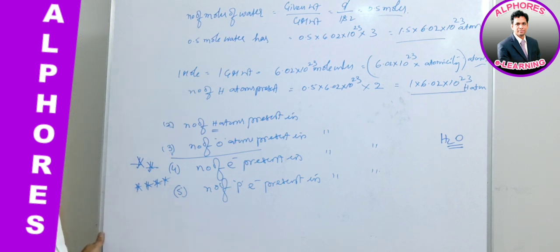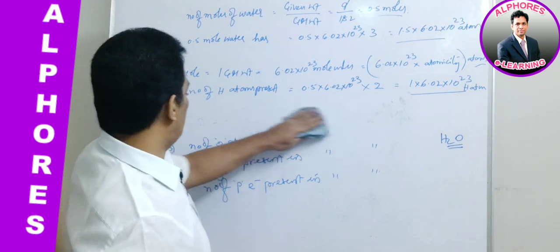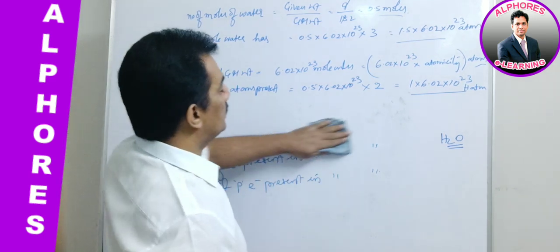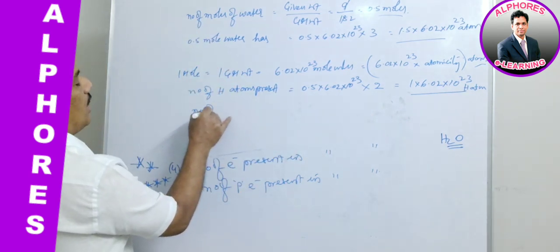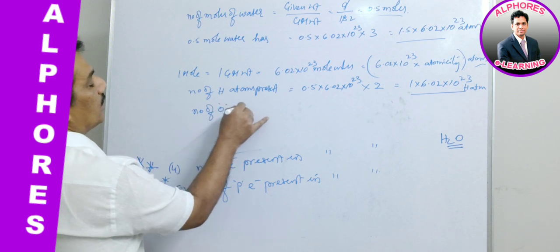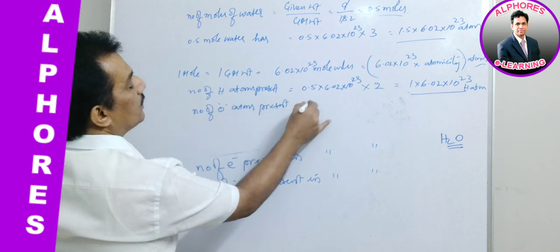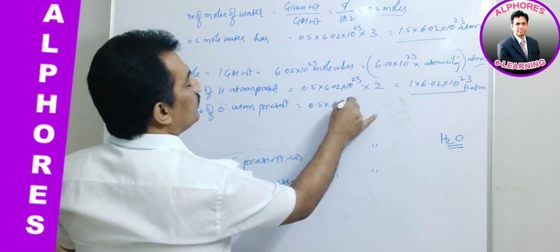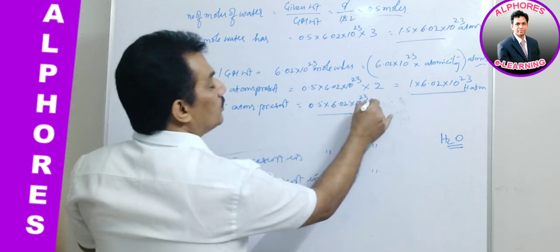Clear? Now coming to the number of oxygen atoms, it is the same as for hydrogen atoms. I think now you can solve this question. Oxygen atoms present is equal to 0.5 into 6.02 into 10 to the power of 23, which is the number of molecules, into atomicity.